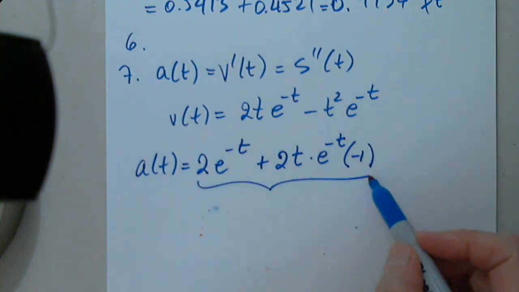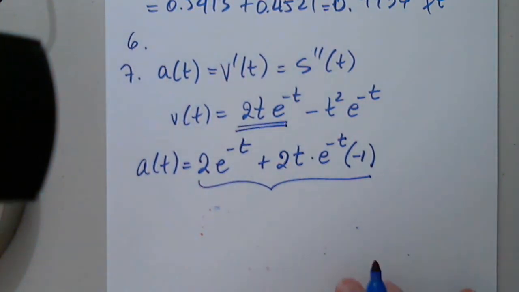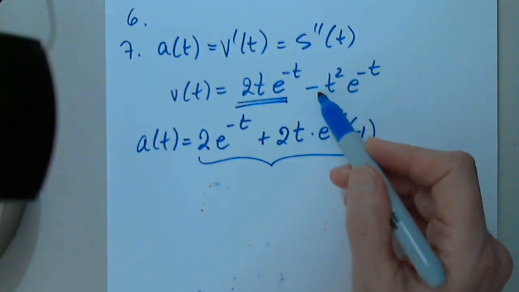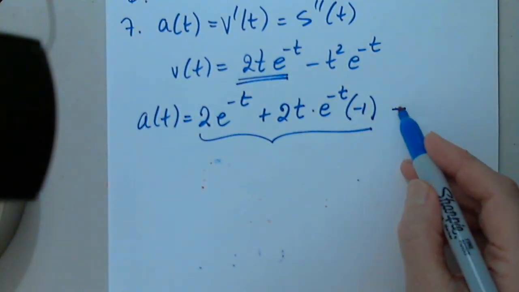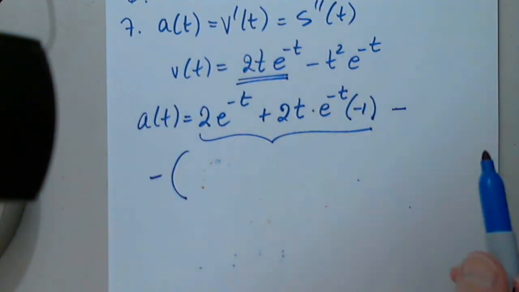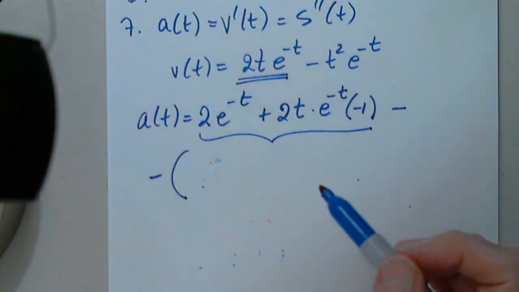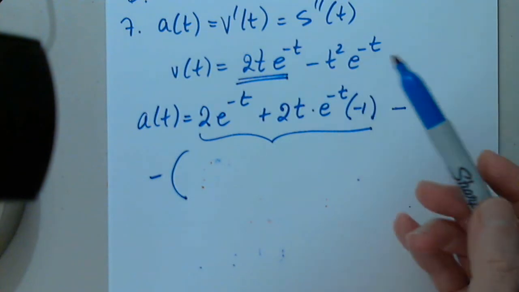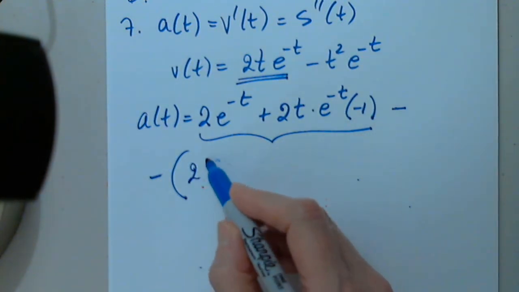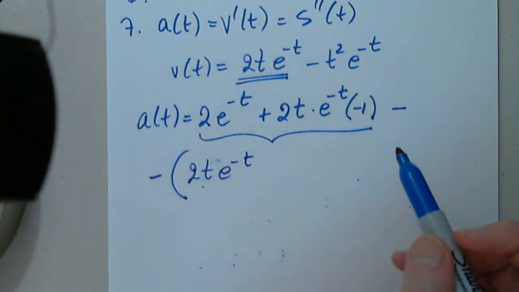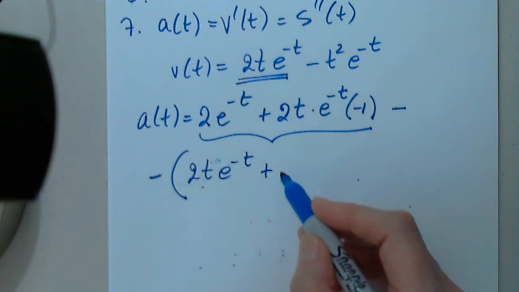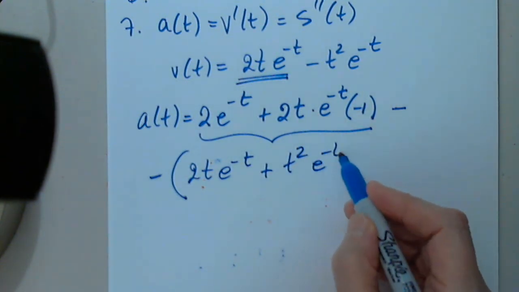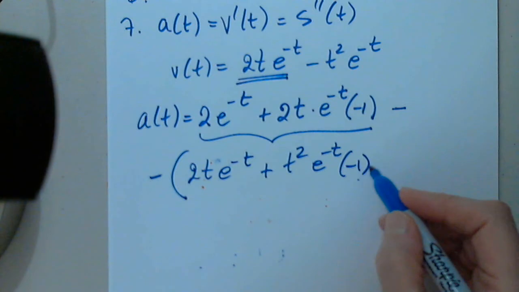So this is only this. But I'll be very careful with this minus, so I'm going to put minus in parentheses. T squared prime, which we already have, is the first derivative. It's this, but let's write it again. So it's 2t e to negative t plus t squared e to negative t, exactly what we just had, times negative 1.